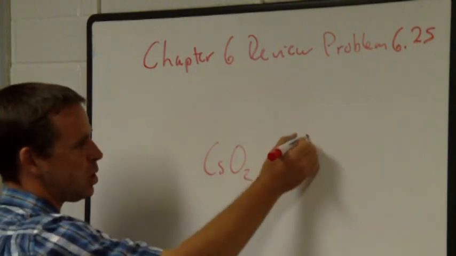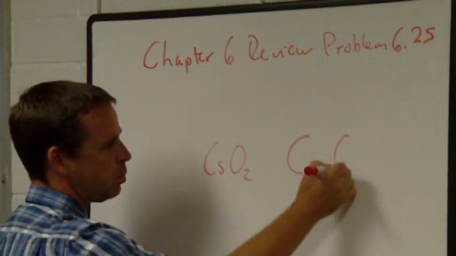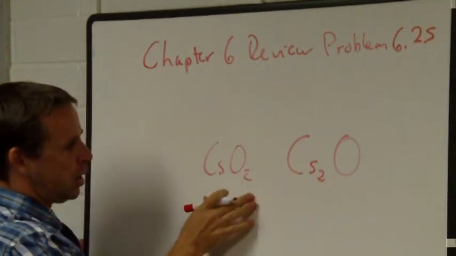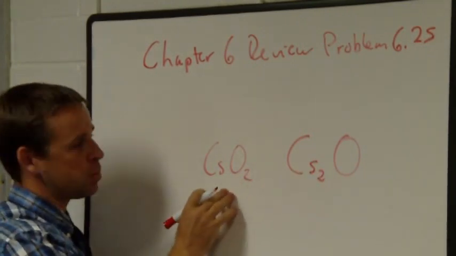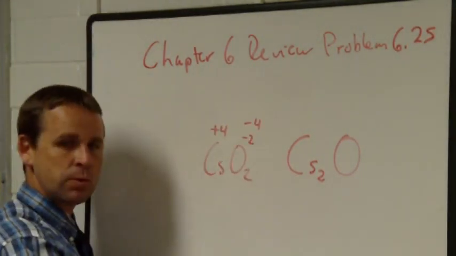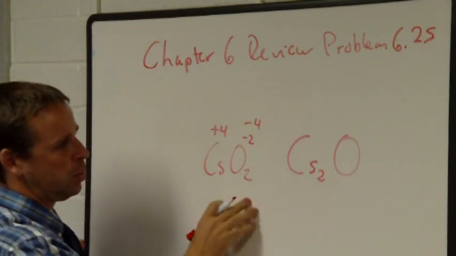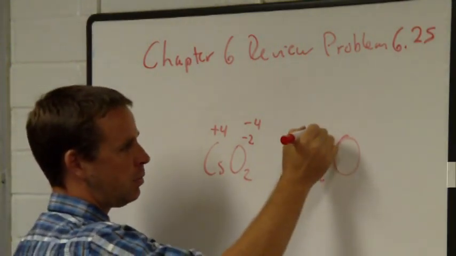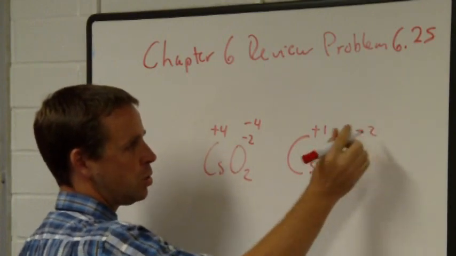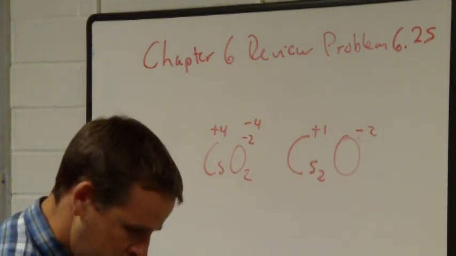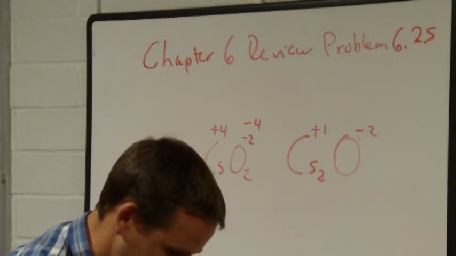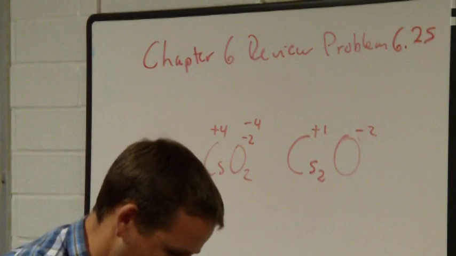I'm wondering if this is miswritten. If the compound is written the way it's supposed to be written, then -2, -4, that means the cesium has to have a +4 charge on it, which would be bizarre. We would expect the cesium to have a +1 charge and oxygen to have a -2 charge. So let's look that one up in the back and see if we can find out anything about the answer.